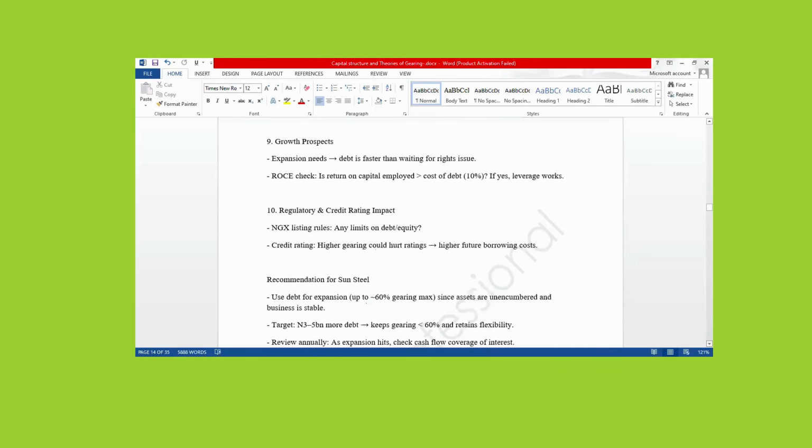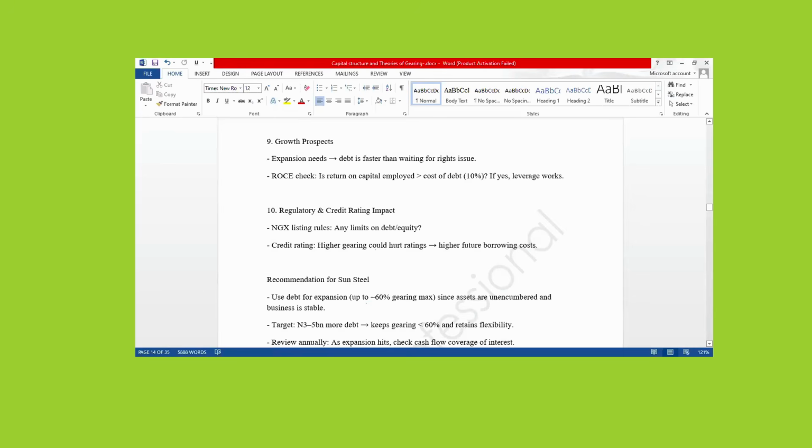Lastly, regulatory and credit rating impacts. If you look at the question, the story, Sun Steel is listed on the Nigerian Exchange Group. The Nigerian Exchange Group has listing rules, the rules that companies listed on it must follow.